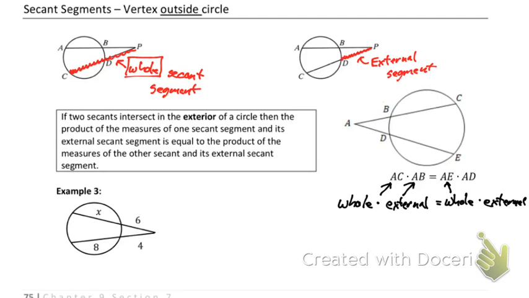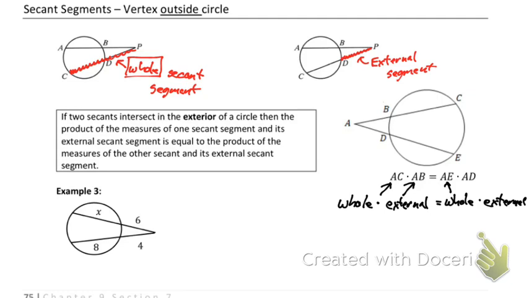You have to do the whole length times that external part equals the whole length times the other external part. Don't fall into that camp of people that forget. You need to have this whole length and you need to know this external to do this. Whole times your external. I'll say it a billion times because people are going to still make that mistake.